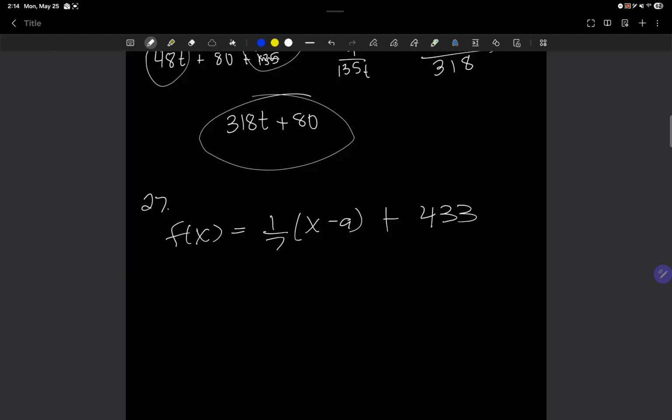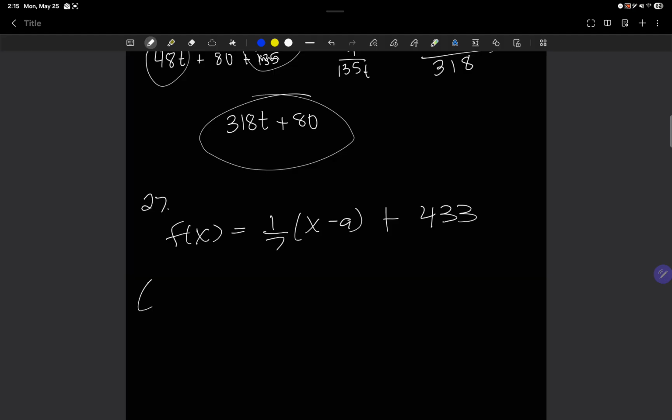We just have to pick one of those points then, right? I was just trying to think of point-slope form, because your point would be a comma 433.